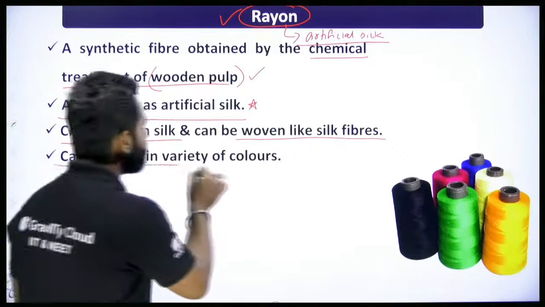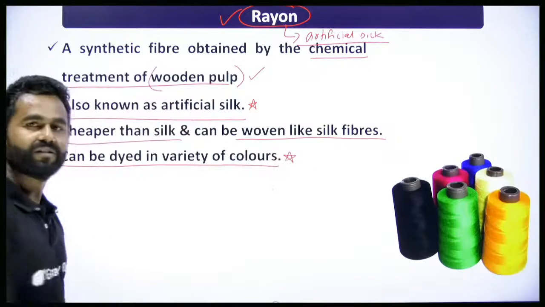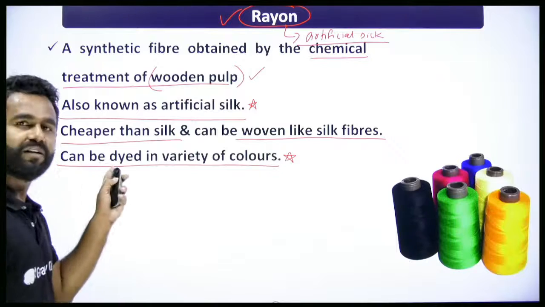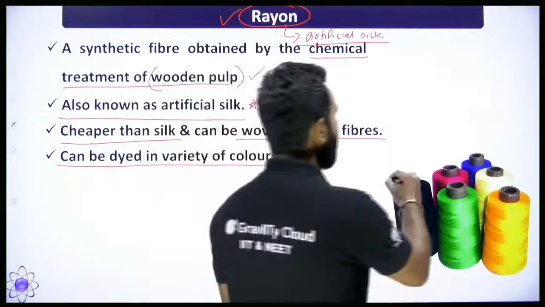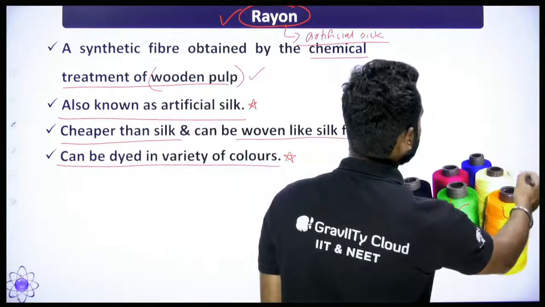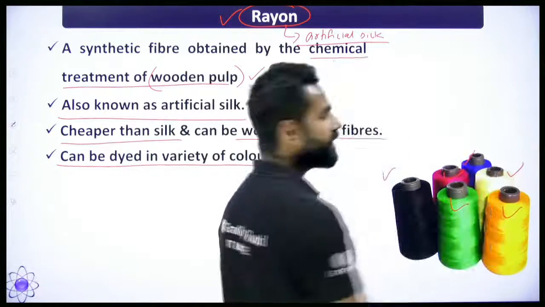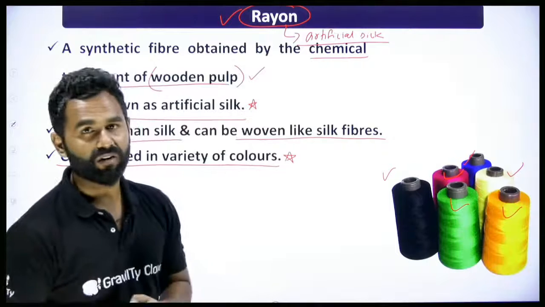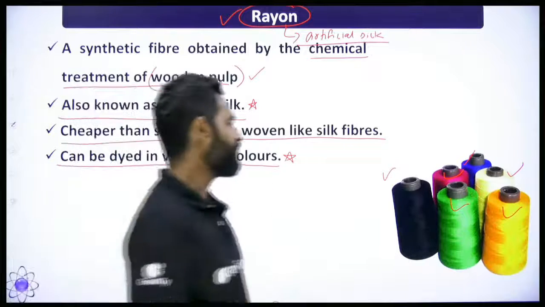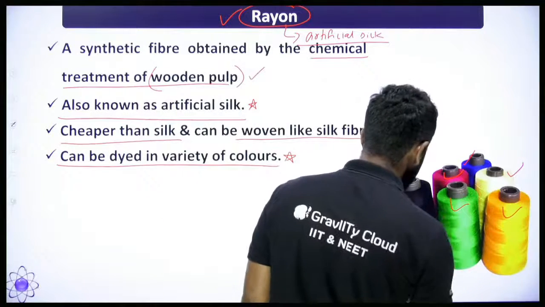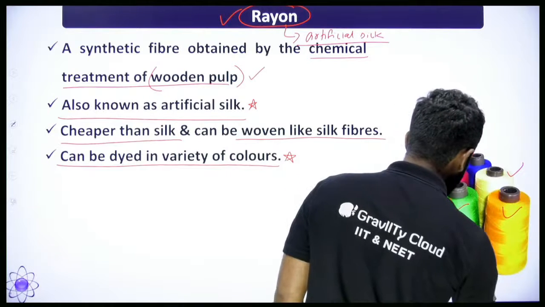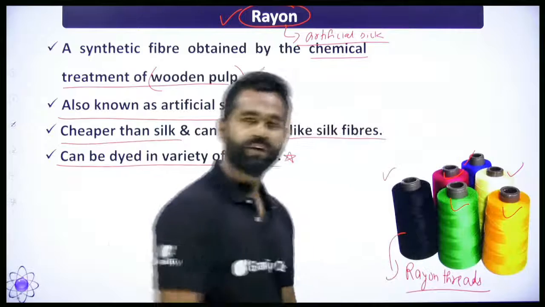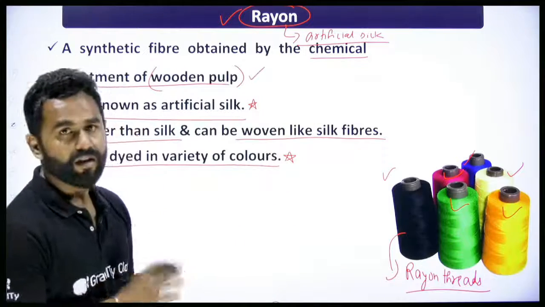These threads can be dyed in a variety of colors, like you can see here. We can have black, green, golden yellow, light yellow, blue, pink, different colors of the rayon threads. These are my rayon threads. Right? We can get the rayon threads very easily.